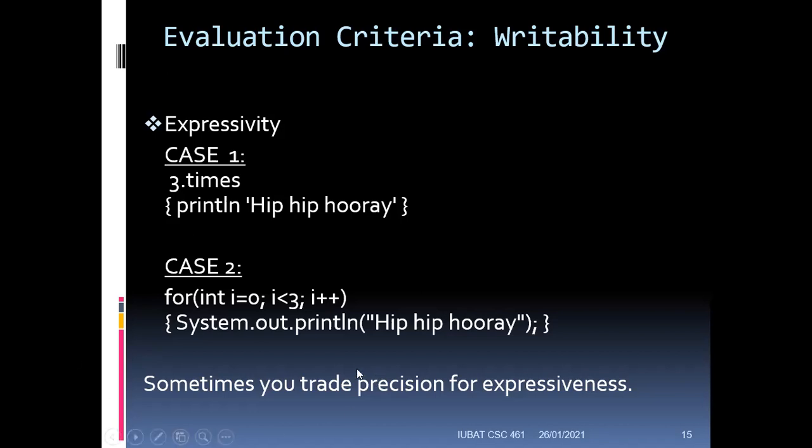Sometimes we trade precision for expressiveness. This one is more precise and more efficient, but this one is very expressive. This needs more lines of code, you need to type so many things, i equals 0, i less than 3, i plus plus. But this one is just 3 times hip hip hooray, so easy to write. Sometimes when we are writing code, we use the following one so that it becomes easier to understand.